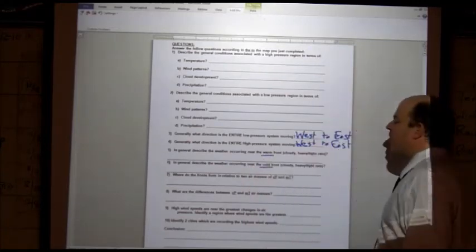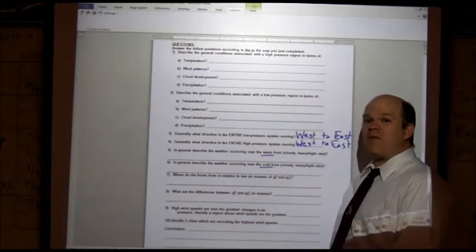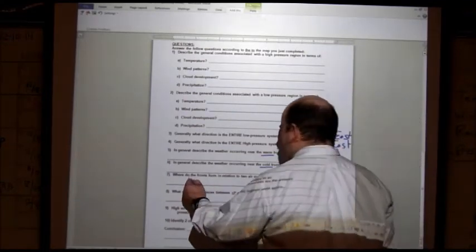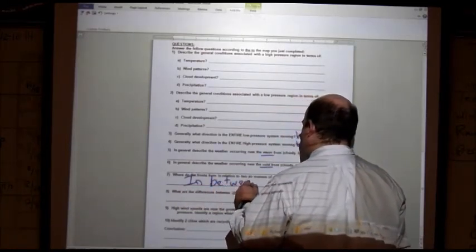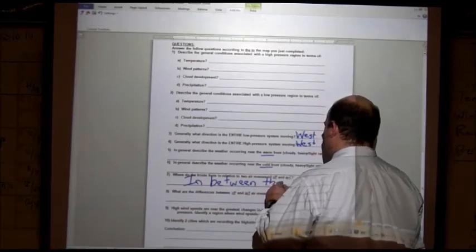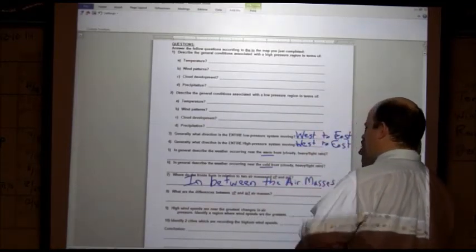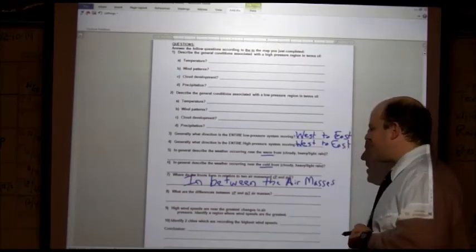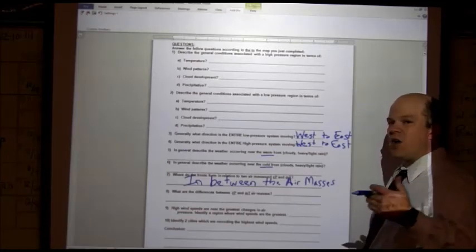Okay, so where do the fronts form in relation to the two air masses? Geez, I think I repeated this like, I don't know, 5 minutes ago. In between them. Okay, what are the differences between cP and mT air masses? cP and mT air masses. We know this.